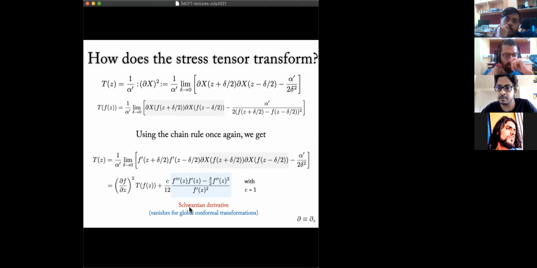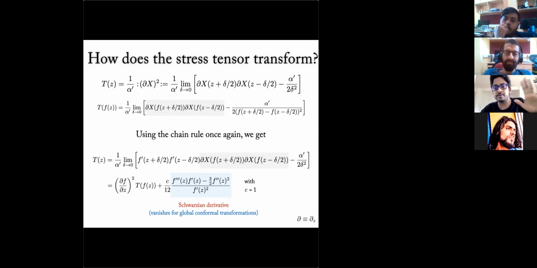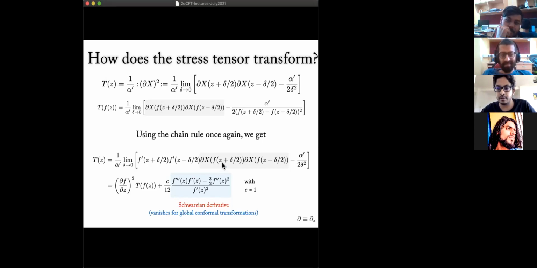I think I've seen only this derivation. In most cases, people write the infinitesimal version of the Schwarzian derivative, and then just show that this is the Schwarzian derivative, whose infinitesimal version is this. But at least for the free boson theory, there's a very explicit way to arrive at what the Schwarzian derivative is, and this is used over and over again in various places.